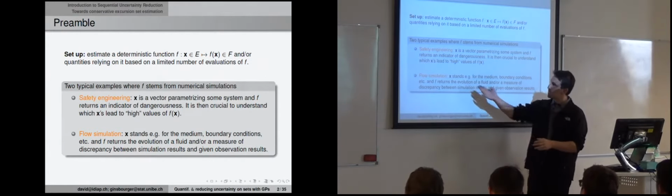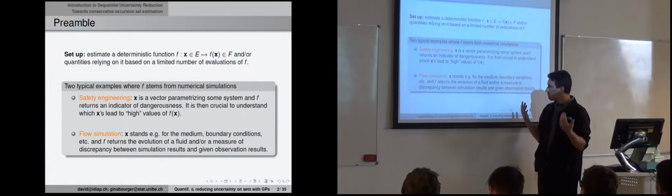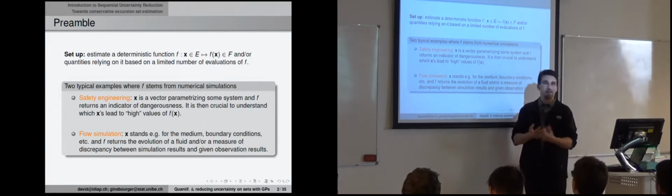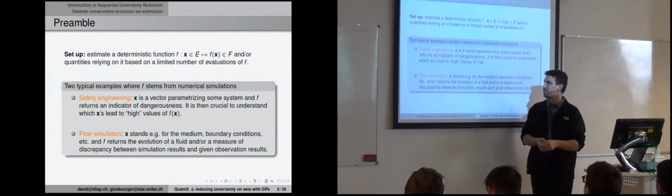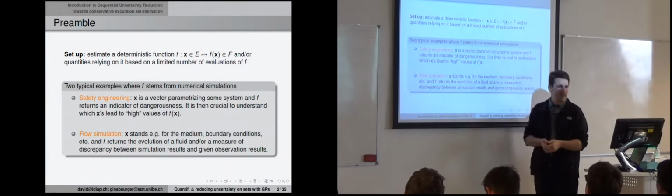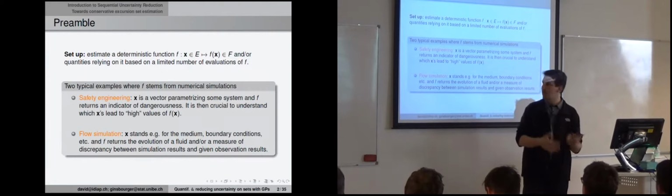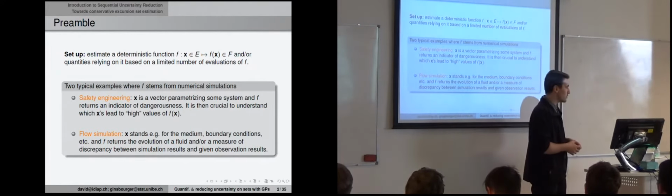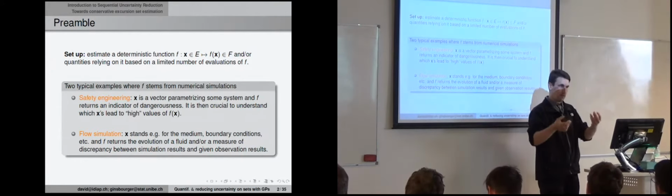And your x in such a setting can stand for properties of the medium, boundary conditions, and f can return something that can be spatial, temporal, or space-time, like the evolution of a fluid over the domain, or maybe some measure of discrepancy between what you observe and what you simulate. So this is a setting that we will illustrate in a moment, where you want, for instance, to recover some contamination source from some observation of a flow at given wells.